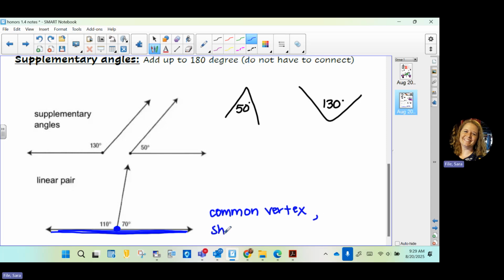A shared side. Okay. These do not have to connect. Yes. Any questions about vertical angles or linear pair versus supplementary?